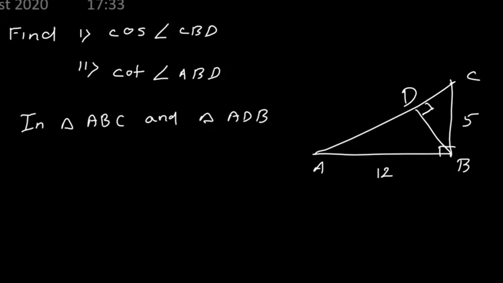Now in these two triangles, angle BAC and angle DAB, see the diagram, I am talking about this angle, and angle DAB, again this same angle. So these two angles are equal because they are a common angle.